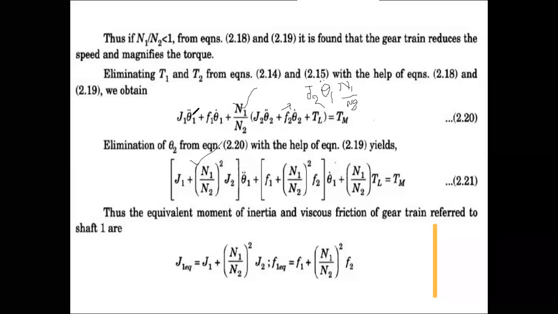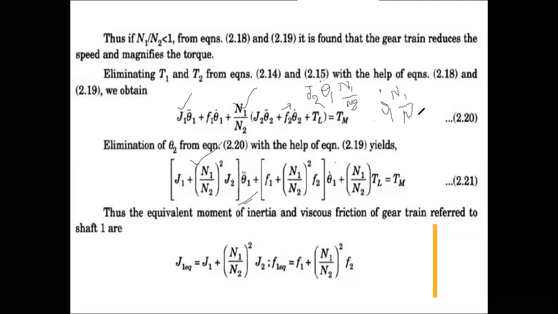See here, theta 1 double dot is having a product with J1. Similarly, when we substitute this here, you have J2 into n1 by n2 whole square into this term into theta 1 double dot. That's why you are having this. Similarly, for the second term, theta 2 double dot, how can I write? Theta 1 double dot into n1 by n2.